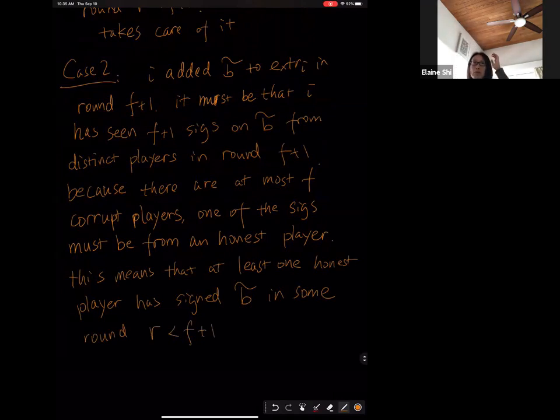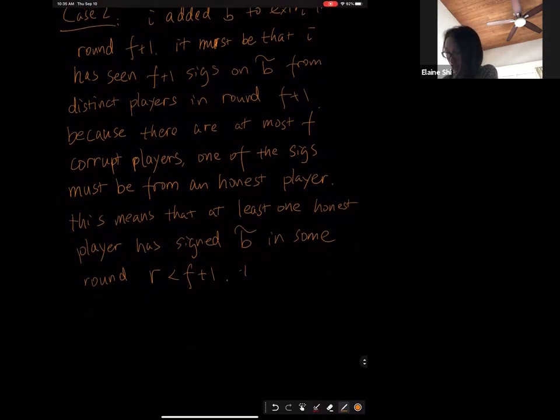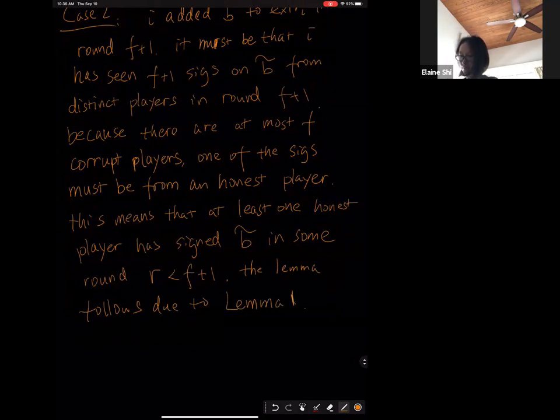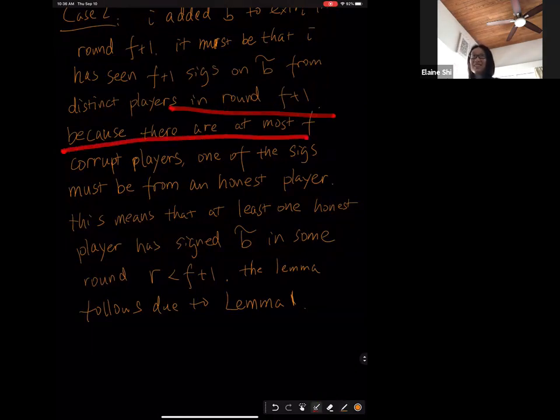And now we go back to lemma 1 again, and the lemma follows due to what we proved earlier, due to lemma 1. So in the last round, something magic happens, and that something magic is just the pigeonhole principle, right? All we are using is the pigeonhole principle here.